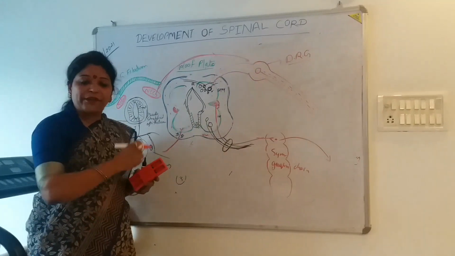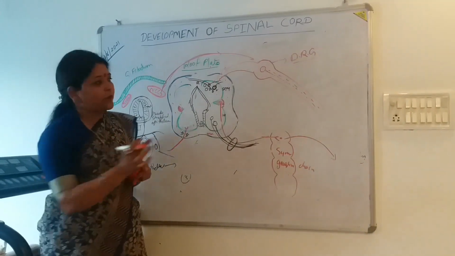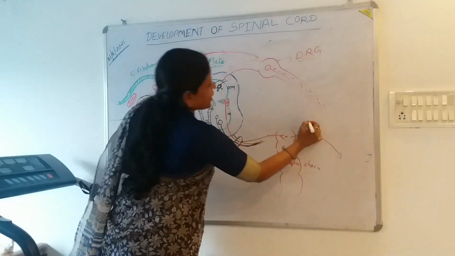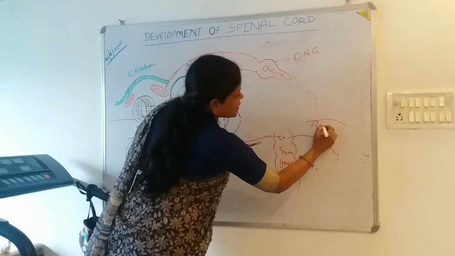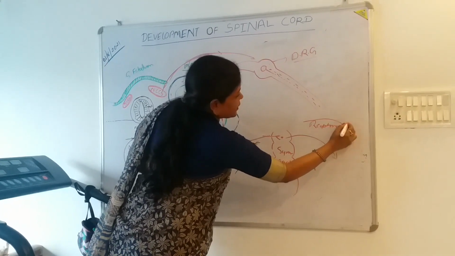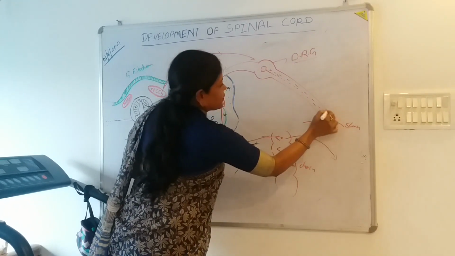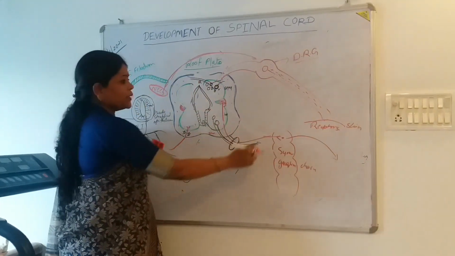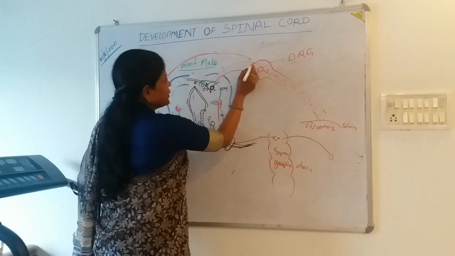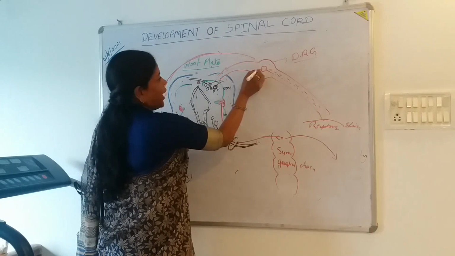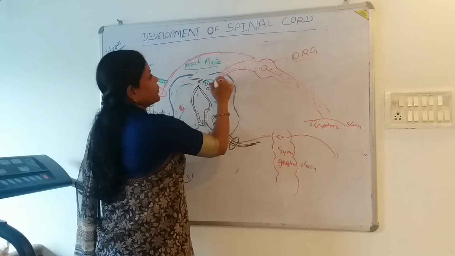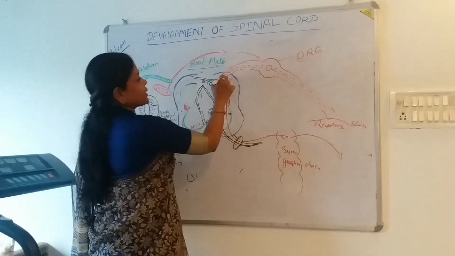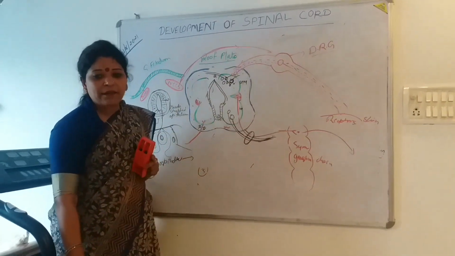One will be the central process and another will be the peripheral process. Here are the receptors. Suppose here is the skin. Here are the receptors, suppose skin here. And another process, it is the central process.